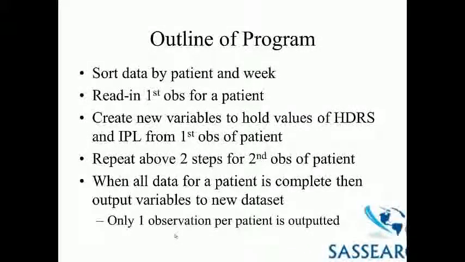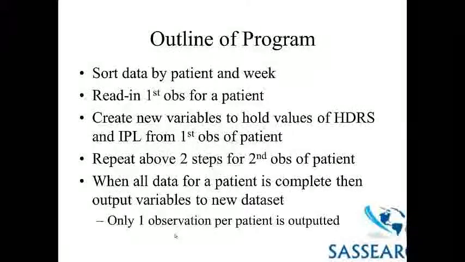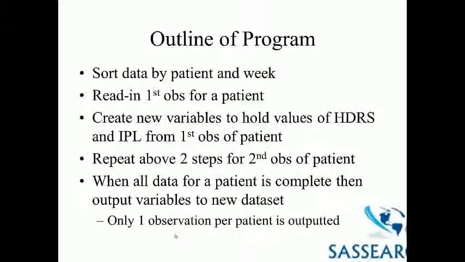We will not output this observation yet, but go back and read in the second observation from that patient and create new variables for that observation with different names than for the first observation. We will continue to do this until all the data for a particular patient is read in. Only then will we output the observation to a new data set. We will continue this process for all of the patients.